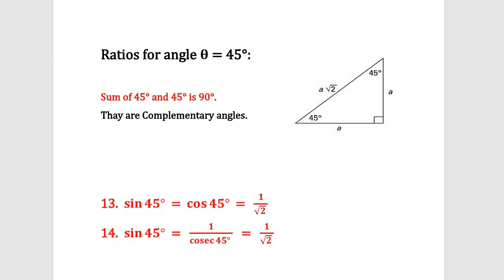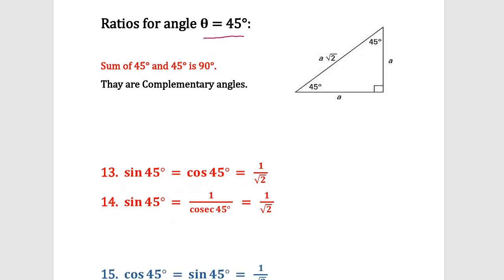Next, ratios for angle theta equals 45 degree. So sum of 45 degree and 45 degree is 90 degree. They are complementary angles.